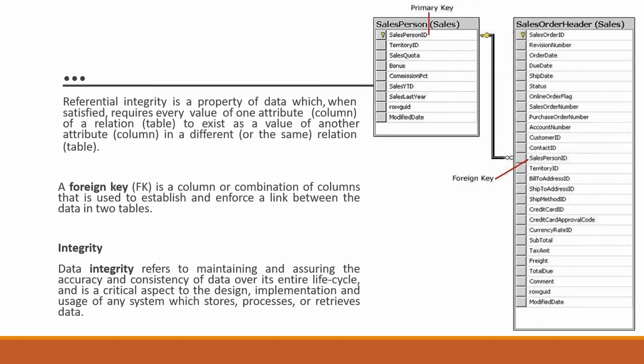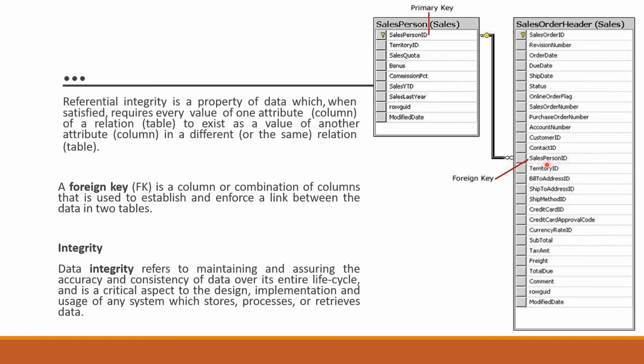A foreign key is a column or combination of columns that is used to establish and enforce a link between the data in two tables. Just like here we have this table, primary key is the first one, then we have this table, this is the salesperson and this is sales order header sales. Here we have foreign key as salesperson ID.